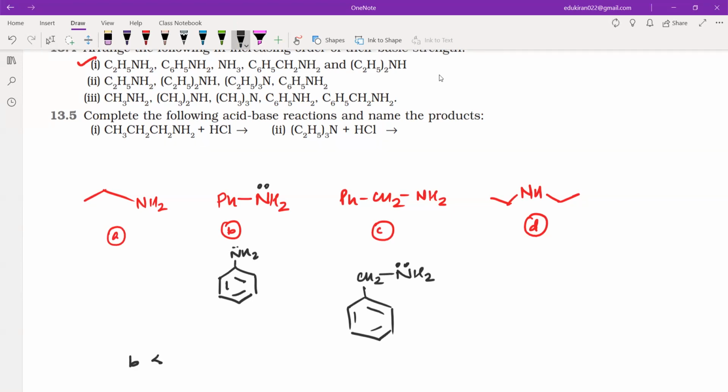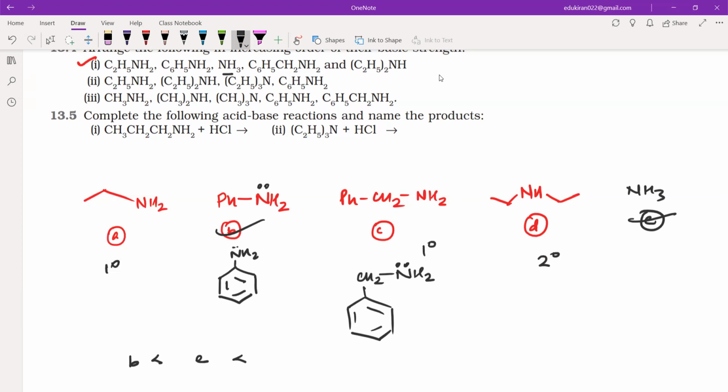B will be the least, followed by, we also have NH3. After that, there will be NH3, that means E. After E, we have done B, we have done E. After E, we can see that I have A, which is 1 degree, D, which is 2 degree, and C, which is also 1 degree.